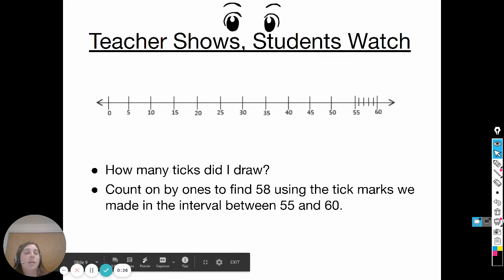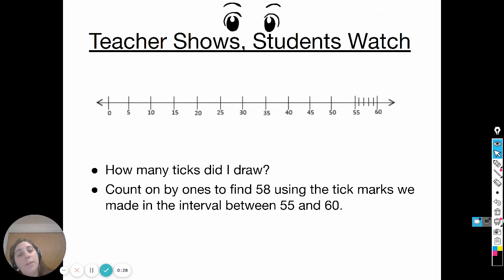55 and 60. So we're at 55, and the next one would be 56. Which is a little bit easier to do on paper when you have more space.